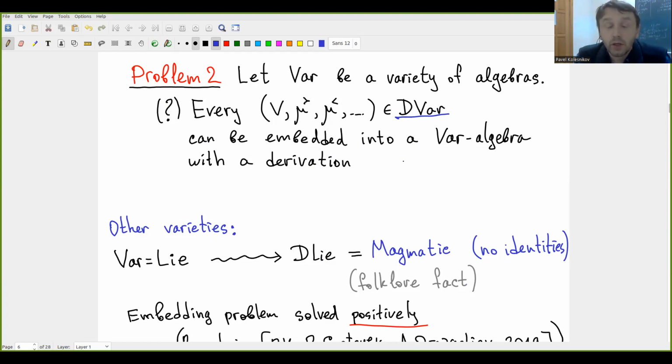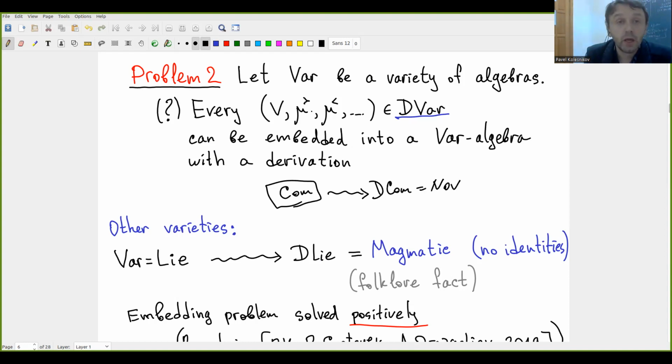Before I state more or less general theorems, let us look at examples. We have already discussed what happens in COM. Commutative algebras, they provide us Novikov algebras.